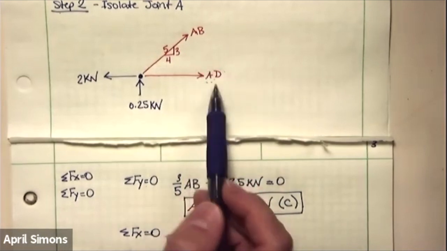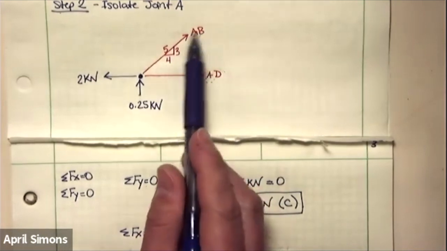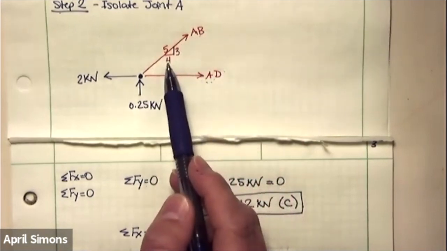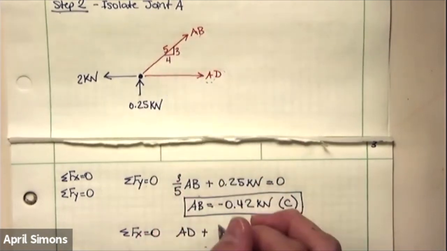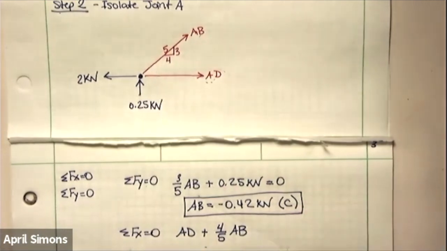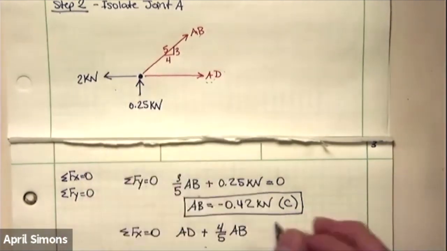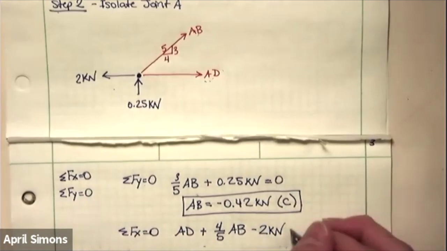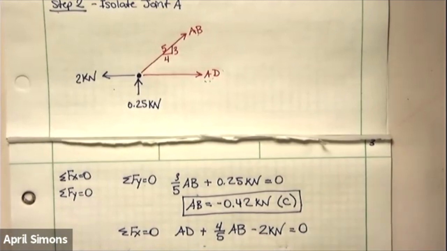So AD is positive on our free body diagram. The X component of AB is positive, and that's going to be 4 over 5. So X of slope over hypotenuse of slope times AB, minus our 2 kilonewtons here at X. Okay, and that all equals 0.